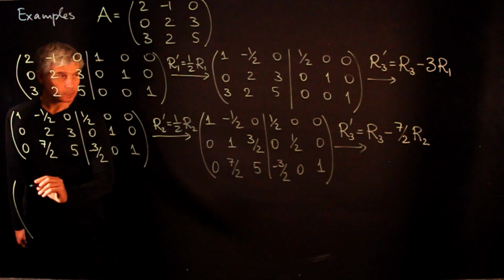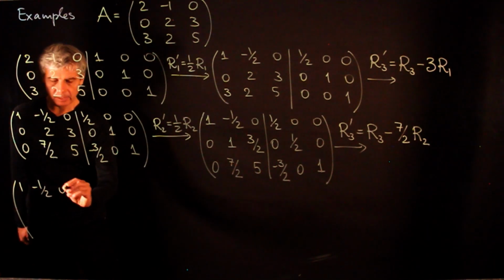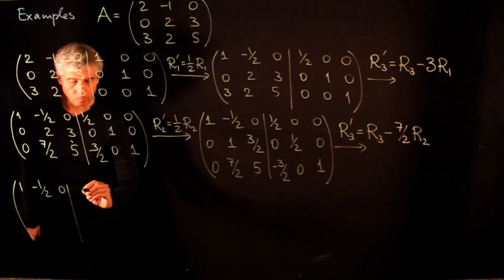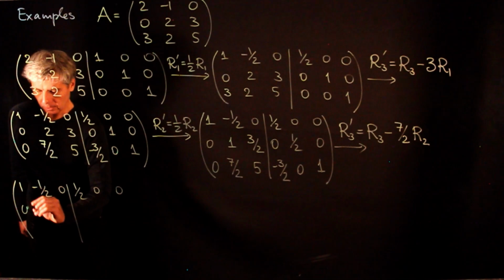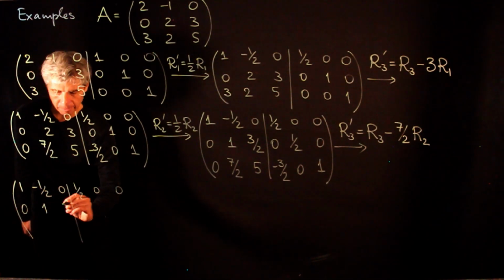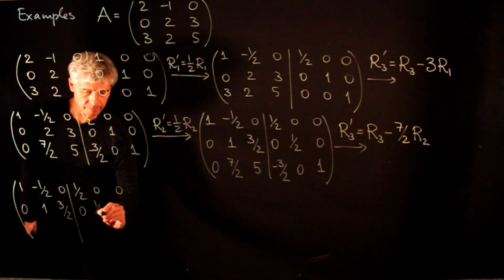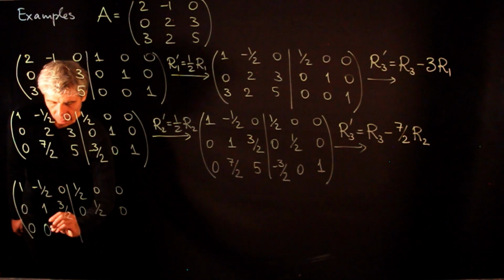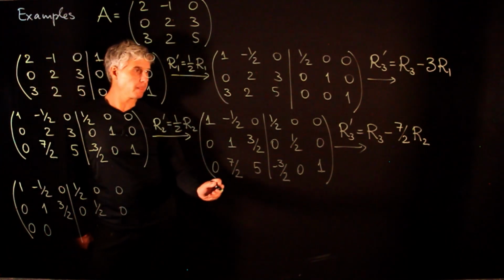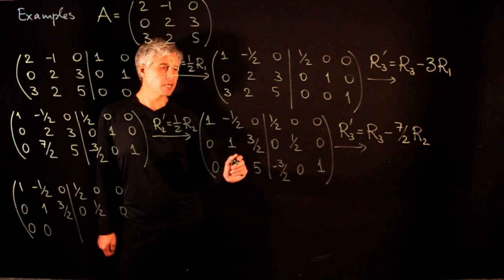We get the matrix 1, -1/2, 0, 1/2, 0, 0, 0, 1, 3 halves, 0, 1/2, 0, and 0, 0, then 5 minus 3 halves times 7 halves.